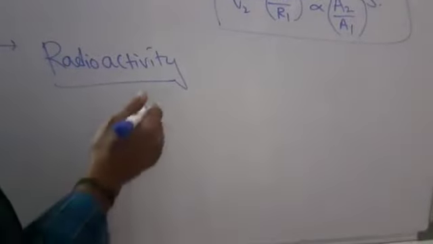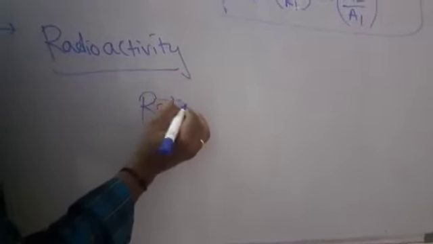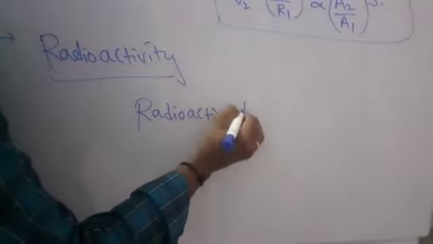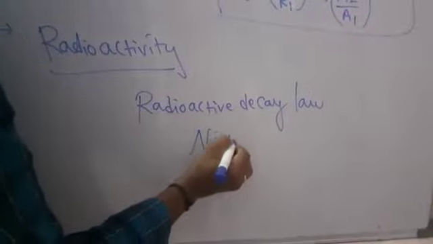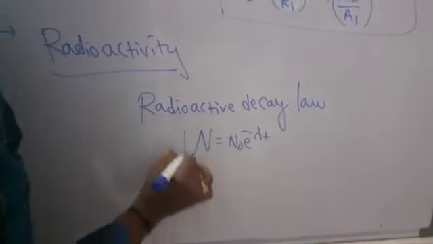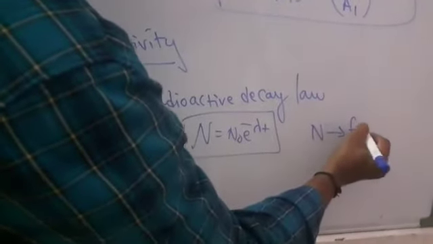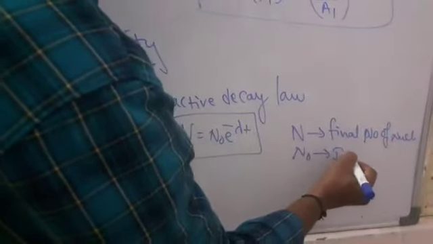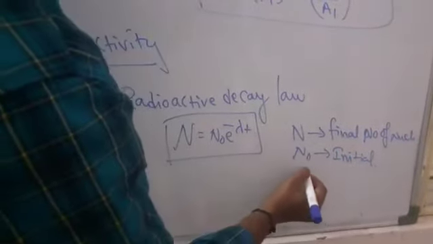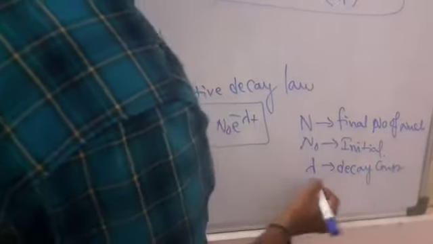That is called radioactivity. The radioactive decay law formula is N equal to N naught into e to the power of minus lambda t. Here N is the final number of nuclei, N naught is the initial number of nuclei, lambda is the decay constant, and t is time.